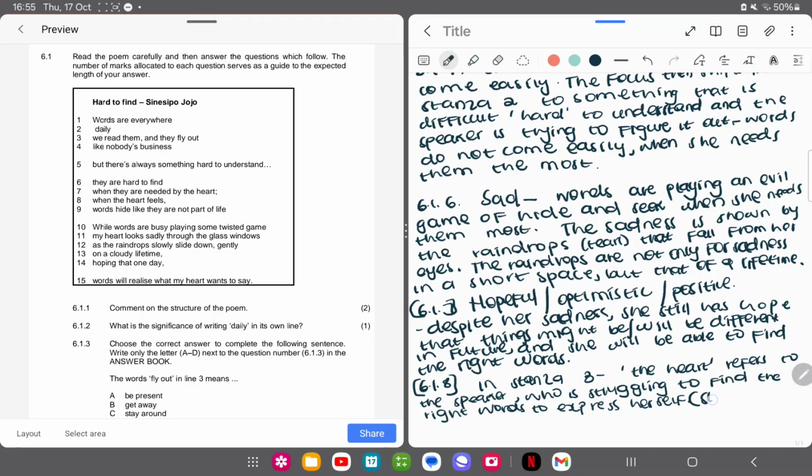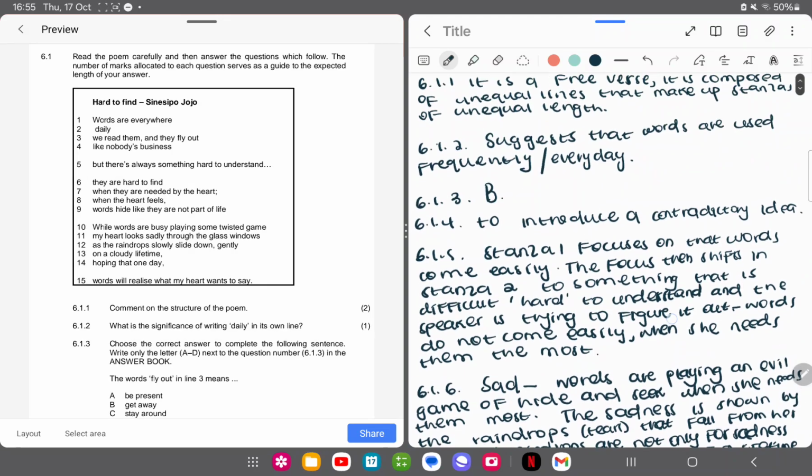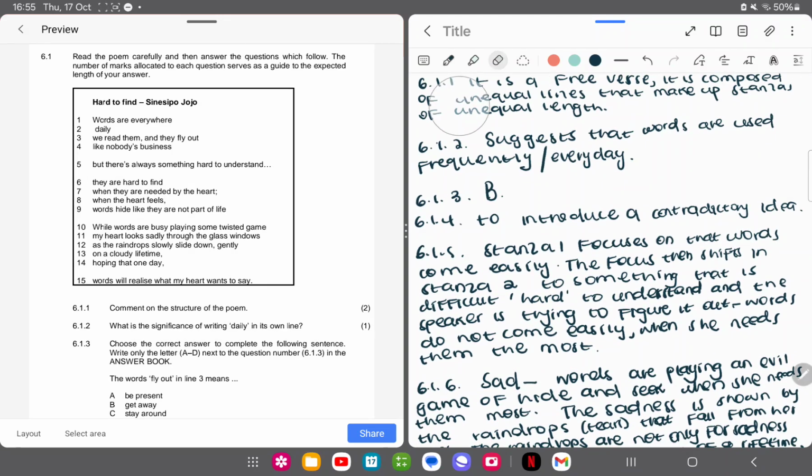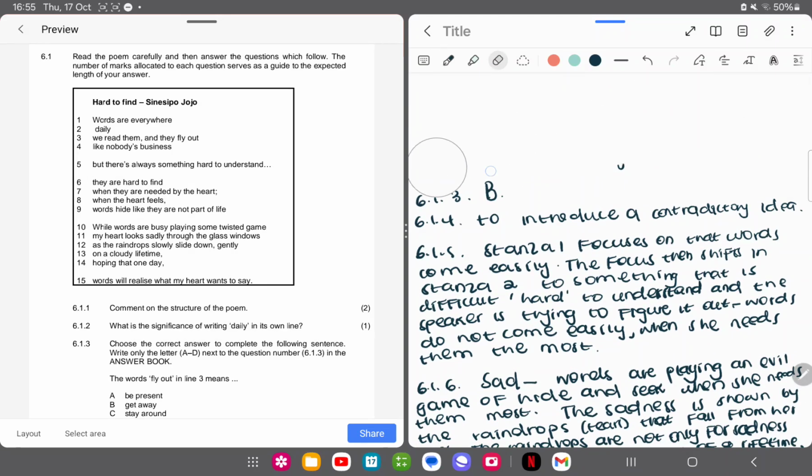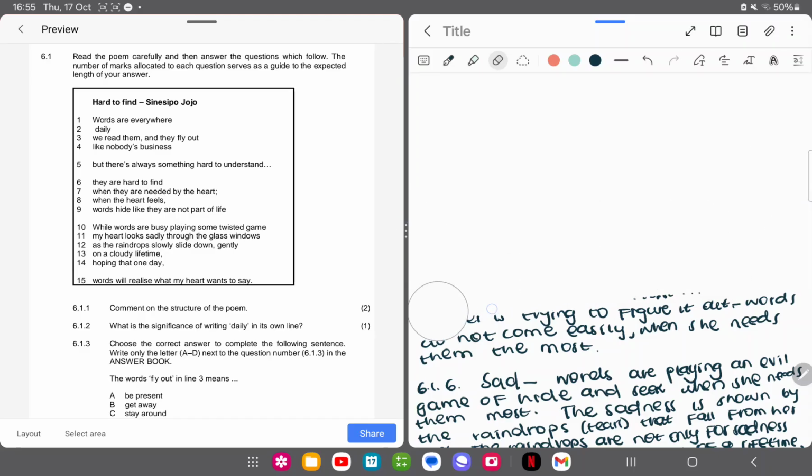Yes, so you can say she is at a loss of words. Keep in mind that a metonymy is used to stand in place of another name. So let me quickly wrap here so I may have enough space for the next answer.